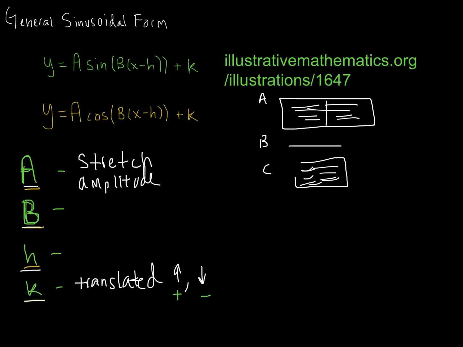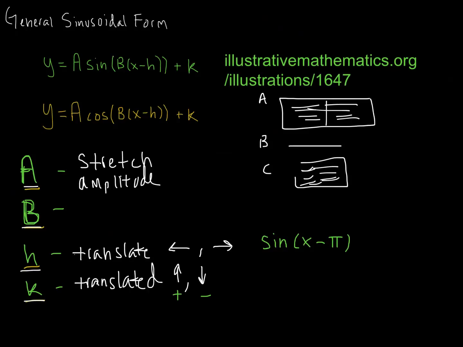Alright, the next one is h. When you manipulate h, you'll notice that I am translating the function left or right. Let's just consider that you had sine of x minus pi.